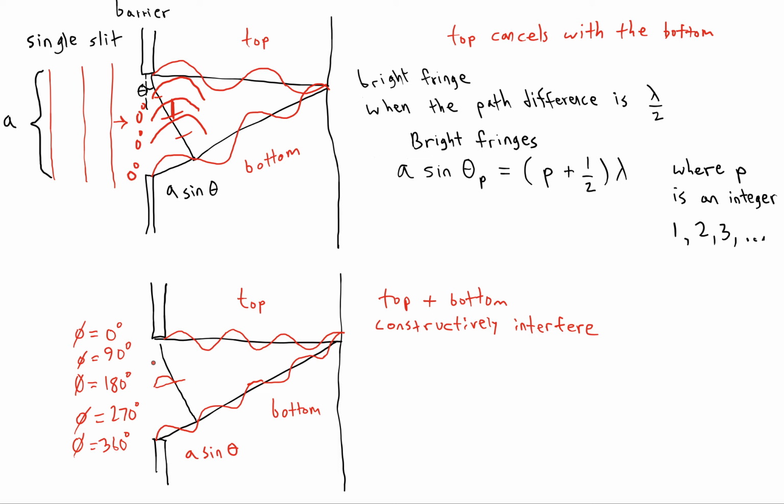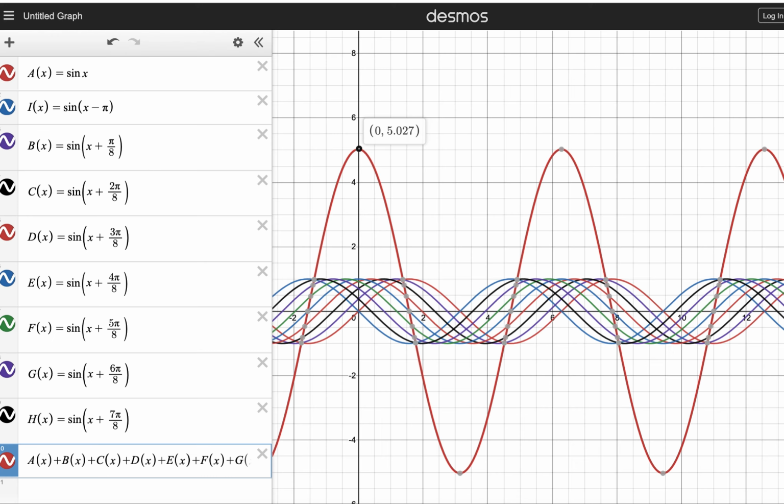This one will complete a quarter of a wavelength before it gets to that boundary there. At this position, we'll complete 3/4 of a wavelength. And what's going to happen is the 90-degree phase is going to cancel with the 270-degree phase. So let's go to Desmos and see if that happens.